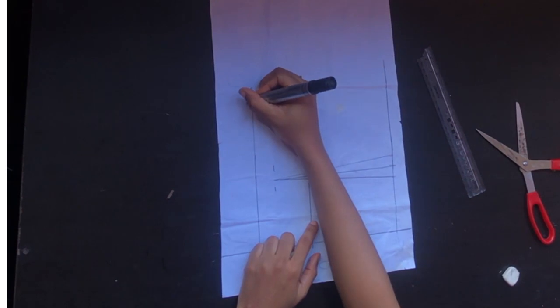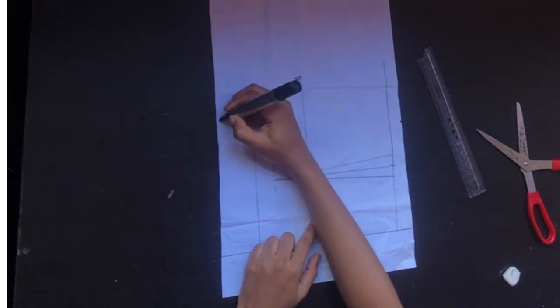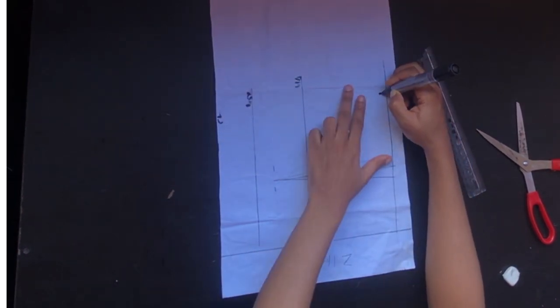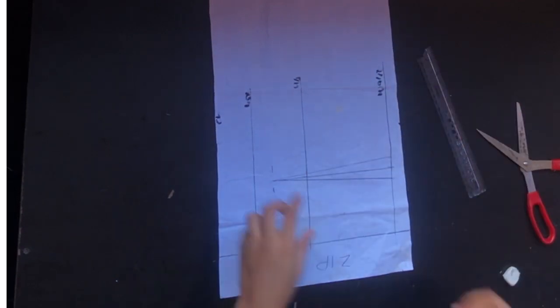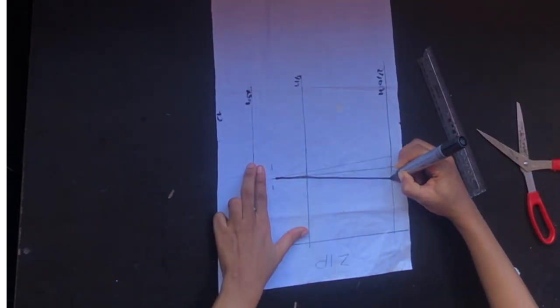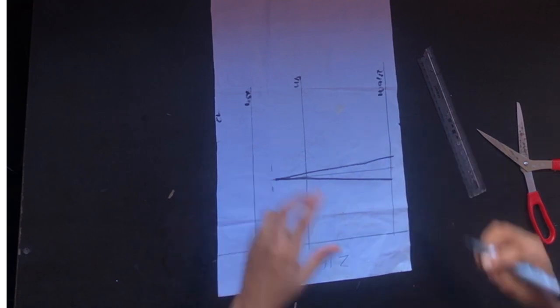So next step, I'm just going to go ahead to outline all my patterns so that I don't get confused while I'm drafting. And I will also outline this mark at this point.